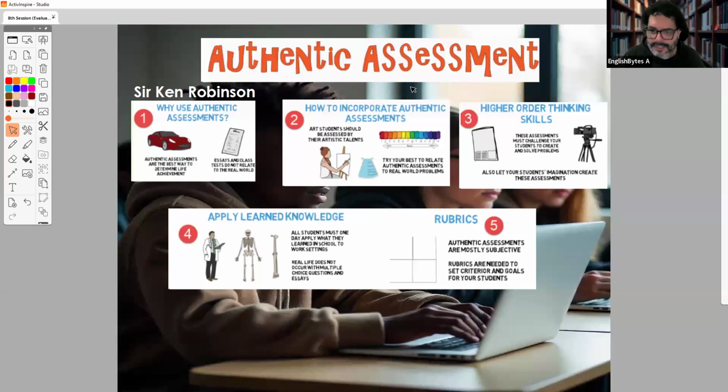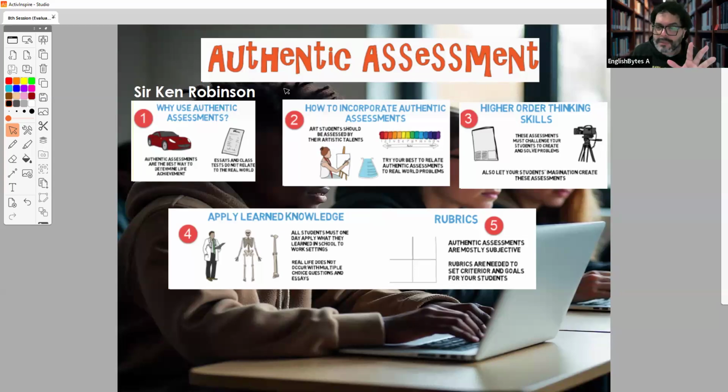For example, let's say you have students from an art class. So you're teaching English to students who belong to an art class. That's what we call English for specific purposes.